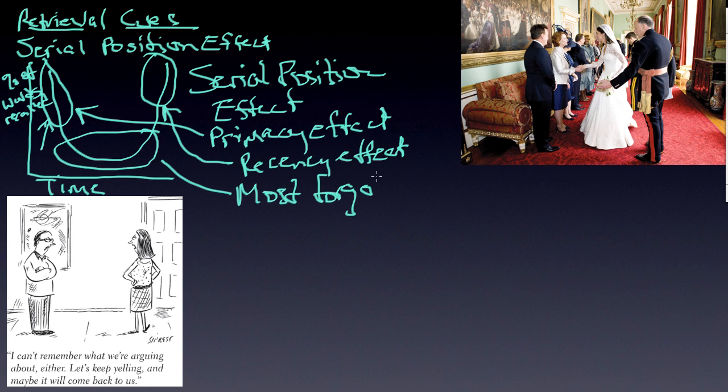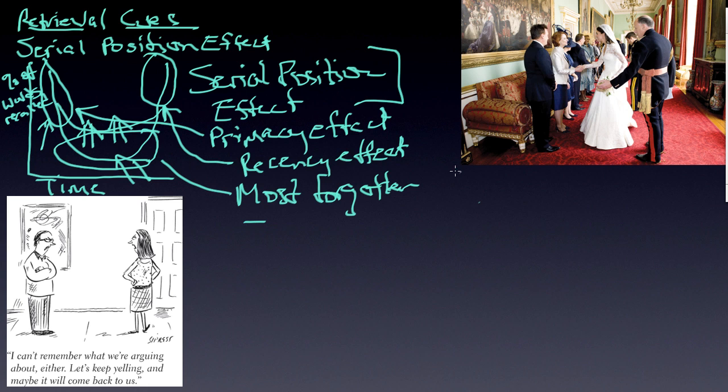So if you're going to do a presentation of any sort and you want people to remember it, you have to find a way to make this curve not as deep, by doing something different to impact this area right here. But the primacy and recency effect, also referred to as the serial position effect, is our tendency to remember things early and at the end.